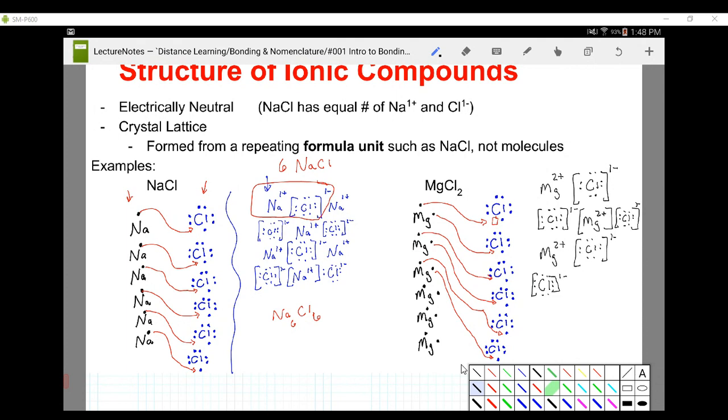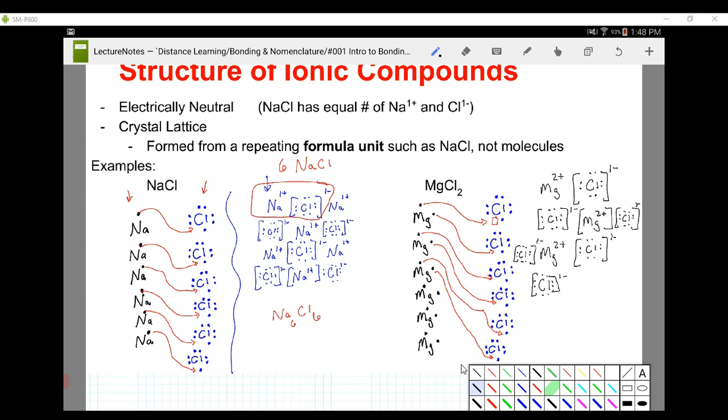I'm using the brackets here around the ions to show that these chlorines have that -1 charge after the gain of that extra electron. So we have all 3 magnesiums drawn. 1, 2, 3, 4, 5, 6 chlorine ions.